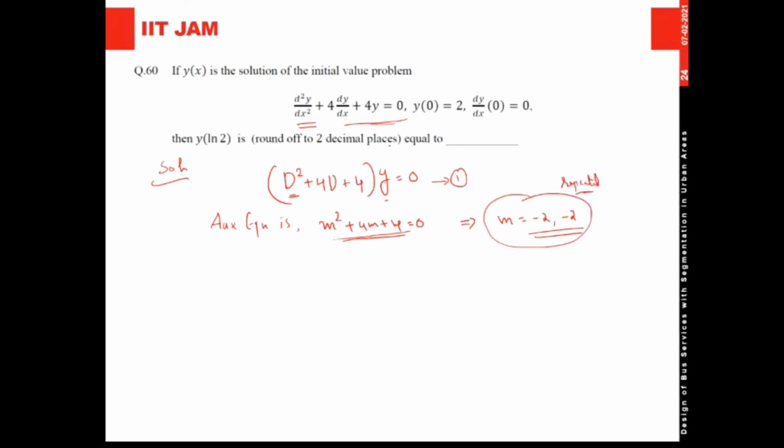One of the important things is that this question is very easy, but such questions are time consuming, so you should do it very fast.